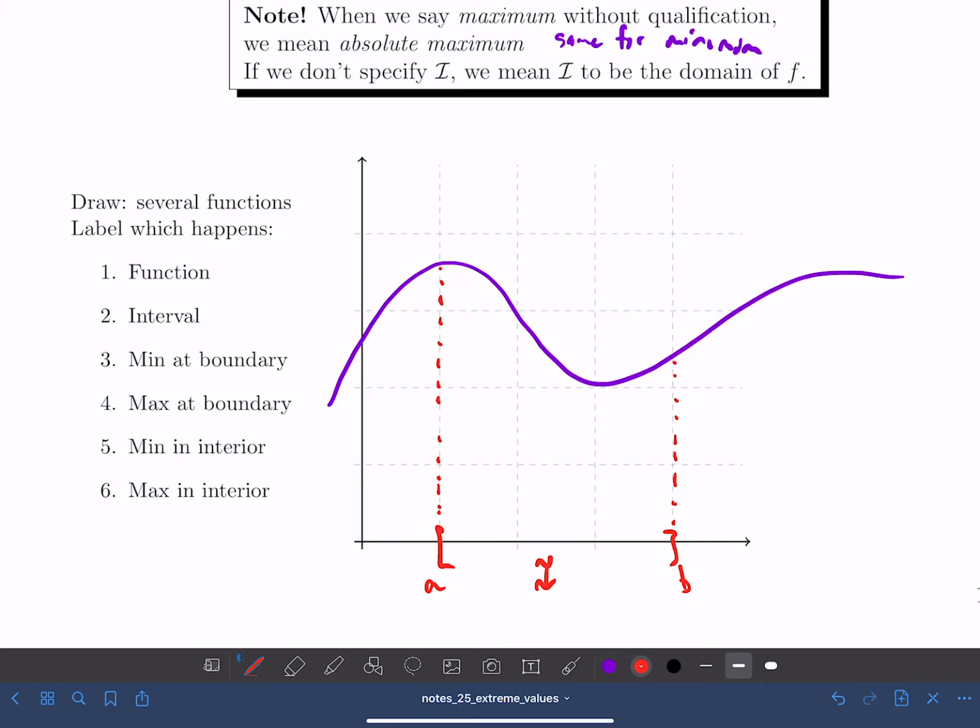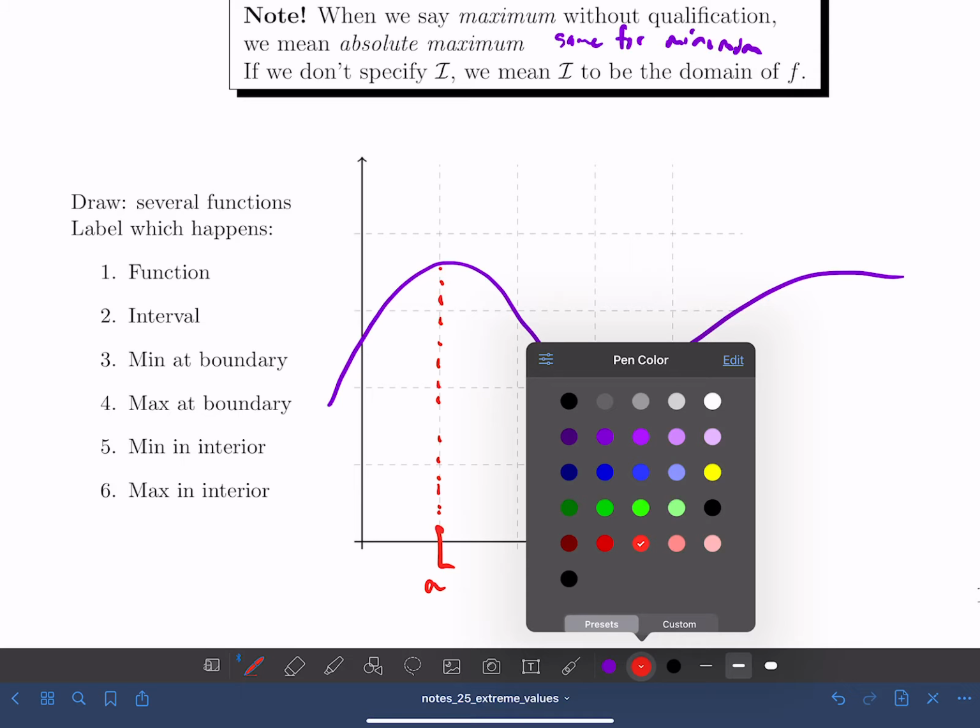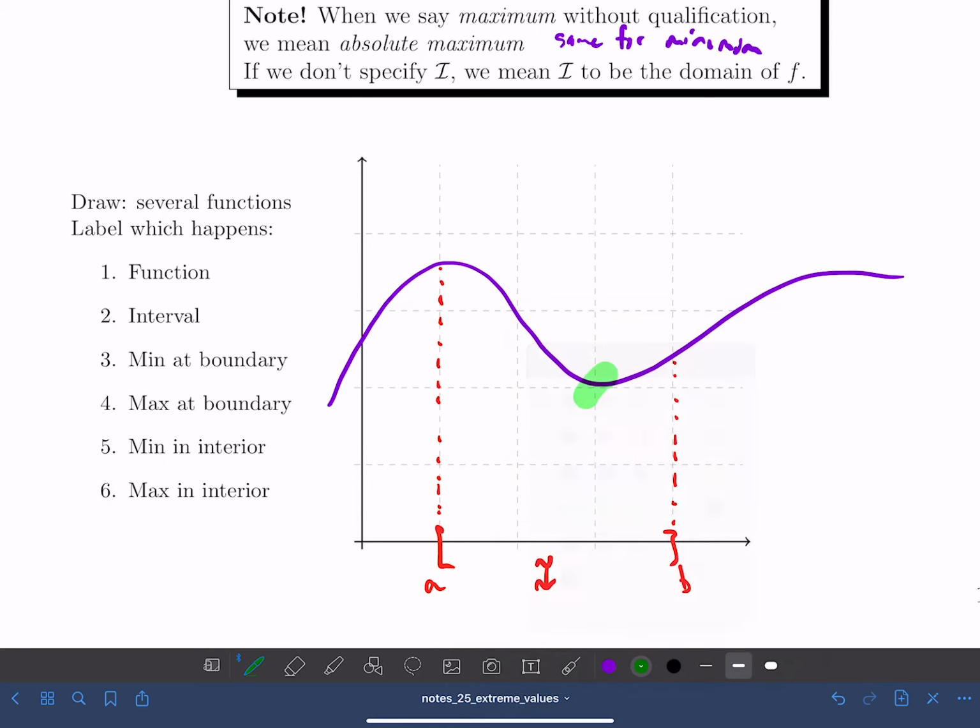For this function, the way that I've drawn it, if I try to find the minimum value, it appears right there. So let's label that, let me do it with, say, green. This height right here is going to be, let's call this little m, f of m.